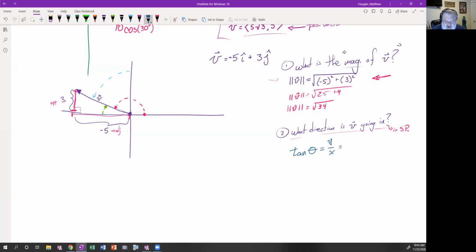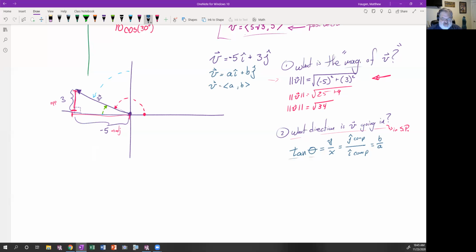Or in this context, the j component over the i component. You'll see your textbook often say things like, for v given as ai plus bj, or they'll even just go (a, b) in position component form, and they'll reference that the tangent of the angle is b over a.